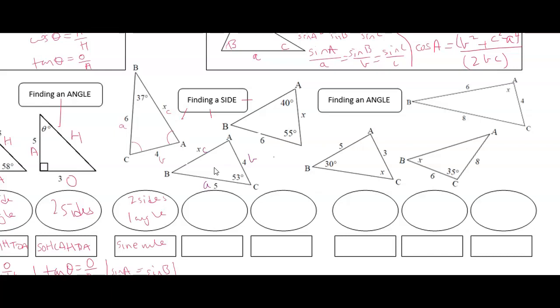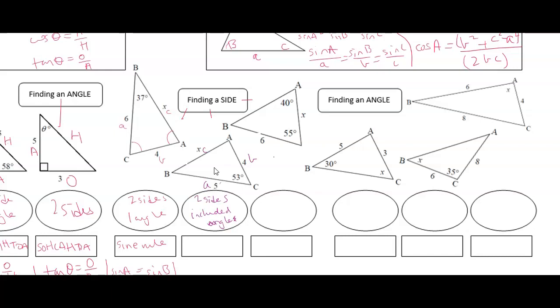So this time we've got two sides and an included angle. And what it means by included angle is that the angle that is known has the two sides either side known as well, whereas this one didn't.